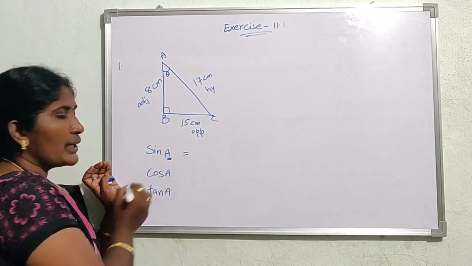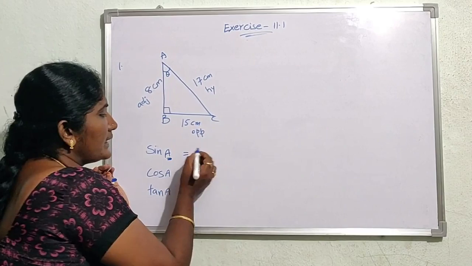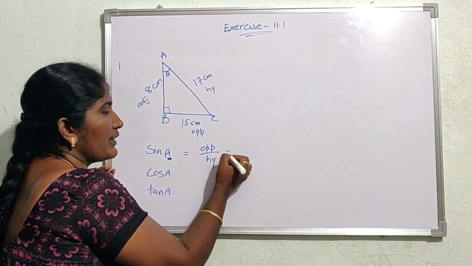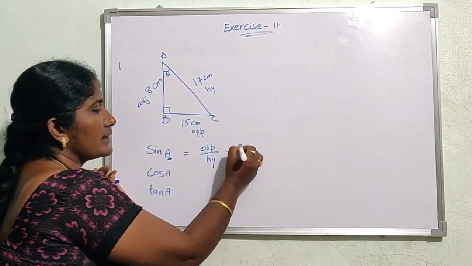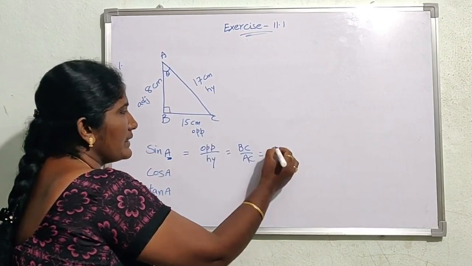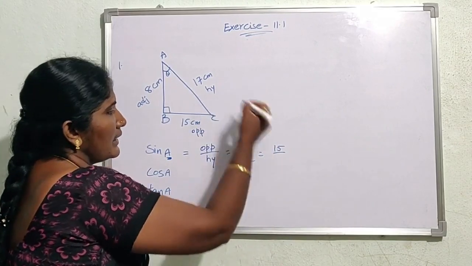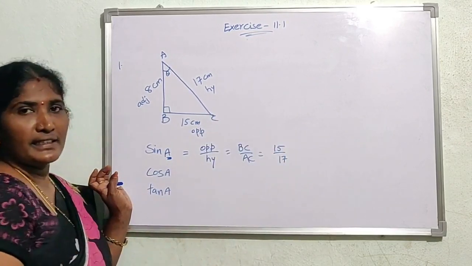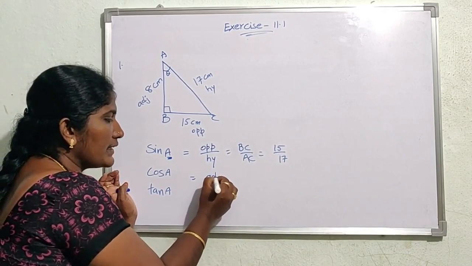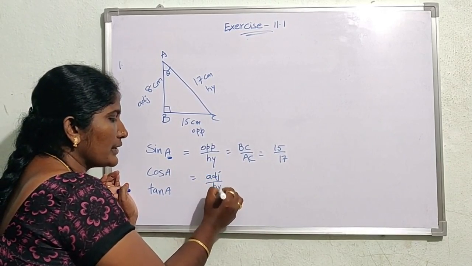Now what is the formula of sin A? Sin theta is opposite side by hypotenuse. Substitute the values. Opposite side is nothing but BC, hypotenuse AC. BC is 15 centimeters and AC is 17 centimeters. Coming to cos A. What is the formula for cos A? Adjacent side by hypotenuse.